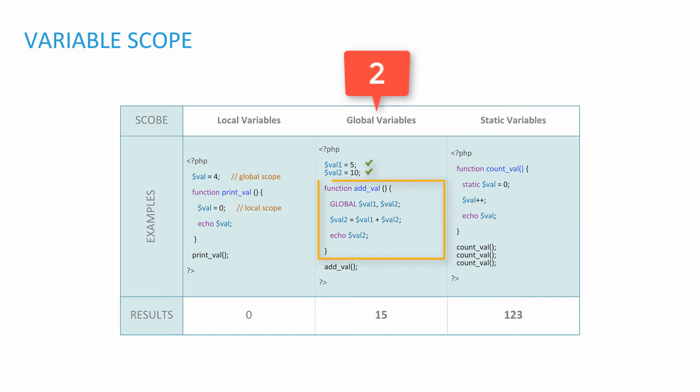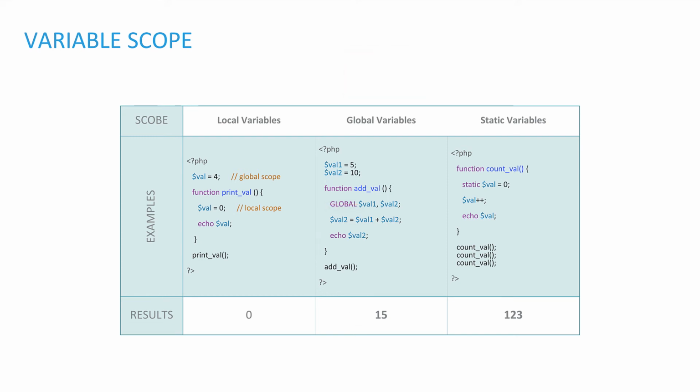We have added the global keyword before variables val1 and val2 inside the add_val function for pointing to variables val1 and val2 outside the function. And when calling this function, the echo statement outputs the number 15. If you try to print val2 without using the global keyword for pointing to variables outside the function, it will throw an error.